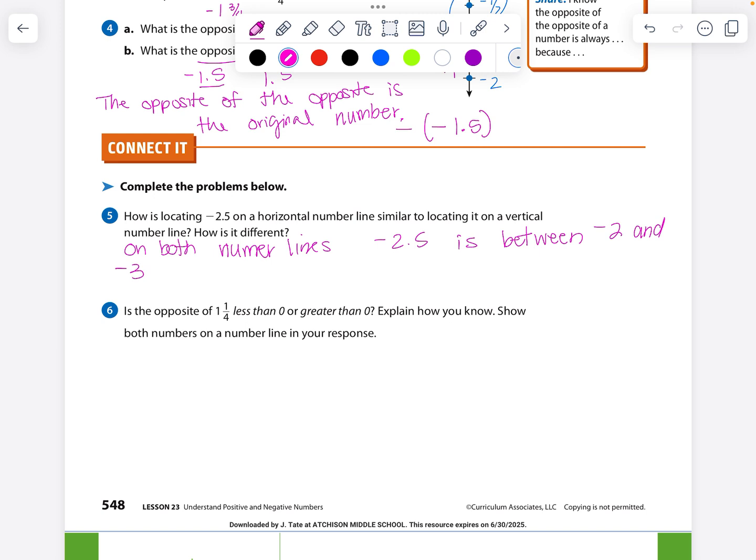And the difference is going to be on a horizontal number line, it's going to be to the left of 0.